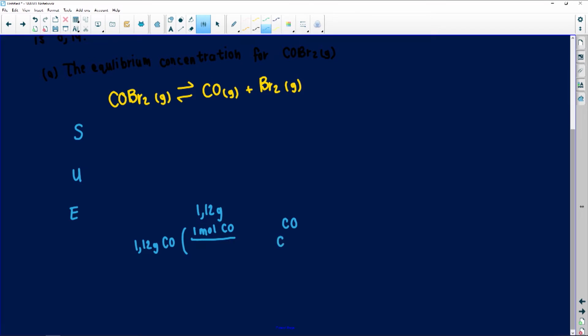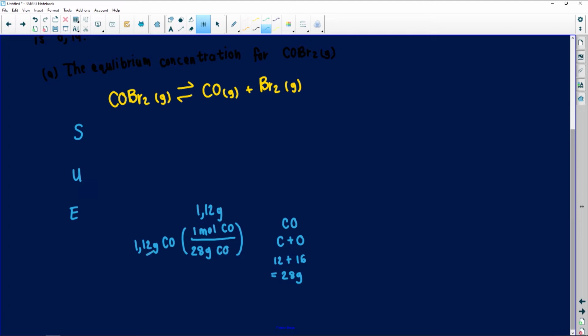I have 1 carbon, which I'm going to add to an oxygen. If you look on your periodic table, carbon has a molar mass of 12 and oxygen has a molar mass of 16. When you add these two together, you get 28 grams. So 1 mole of CO is equivalent to 28 grams of CO.